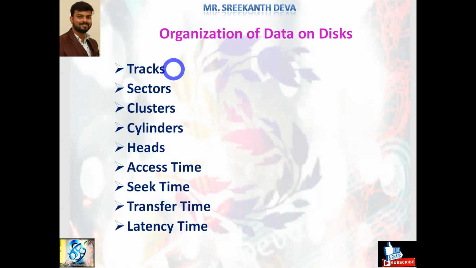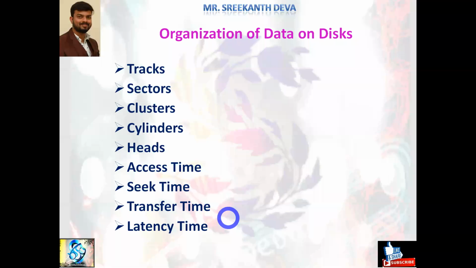Yes. What are the various organization of data on disks? Like tracks, sectors, clusters, cylinders, heads, access time, seek time, transfer time, and latency time. Okay, so I give a brief introduction and description of all these.